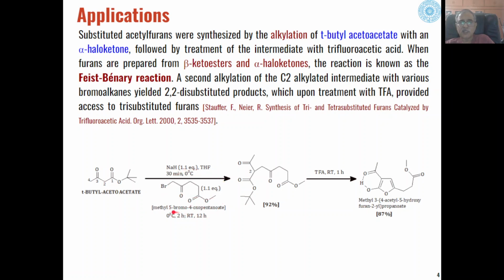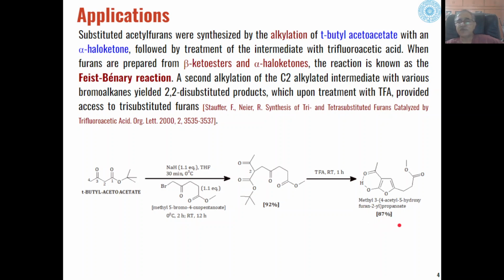So the alkyl halide used is methyl 5-bromo 4-oxo-pentanoate, and after 12 hours of the reaction, this will be converted into a monoalkylated derivative, and this monoalkylated derivative undergoes cyclization in presence of trifluoroacetic acid to get converted into the acetyl furan derivatives like this.